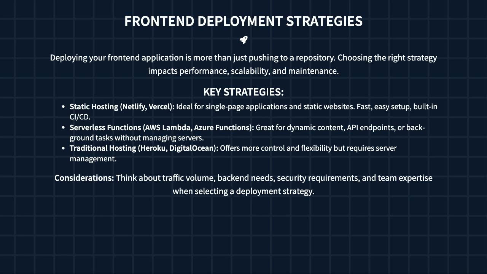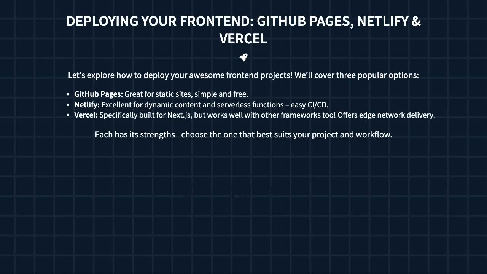If you need dynamic content or API endpoints, serverless functions, things like AWS Lambda or Azure Functions can be a really good option, as they let you run code without managing servers yourself. And finally, if you want more control over your environment, traditional hosting providers like Heroku or DigitalOcean are still viable choices.